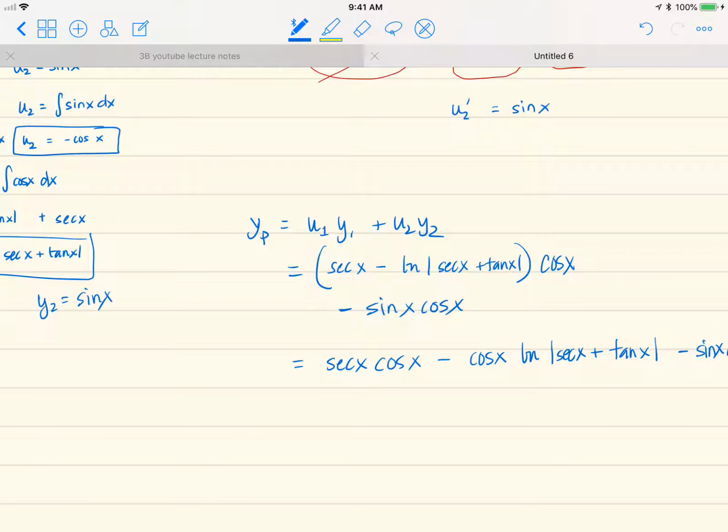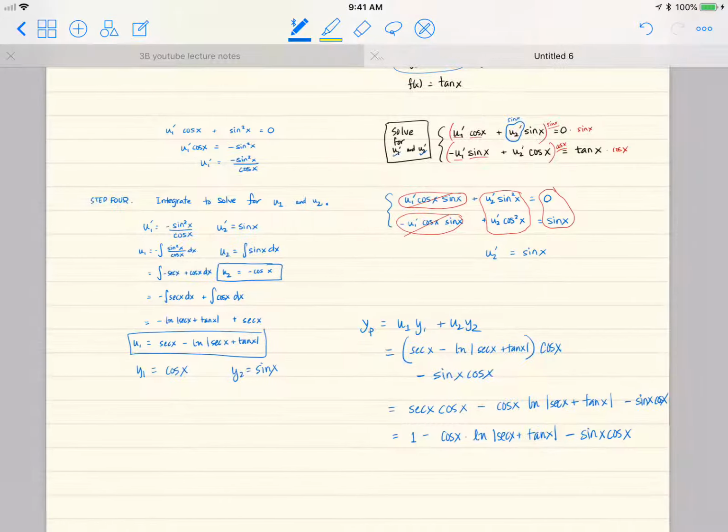Now secant x cosine x we can simplify because secant of x is 1 over cosine of x. So we actually will have 1 minus cosine x times the natural log of secant x plus tan x, and all this minus sine x cosine x. Okay, so this is the yp.